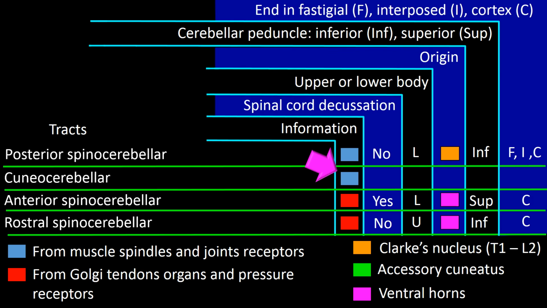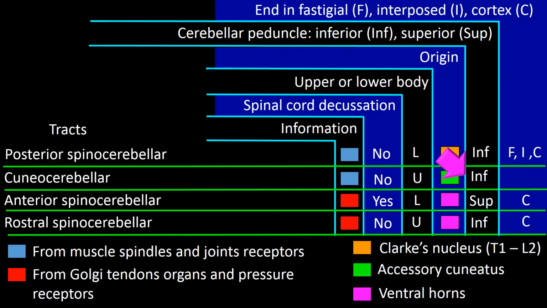This tract carries information from muscle spindle and joint receptors. It does not decussate. It carries information from the upper extremities, as we have just heard. It originates in the accessory cuneatus nucleus.